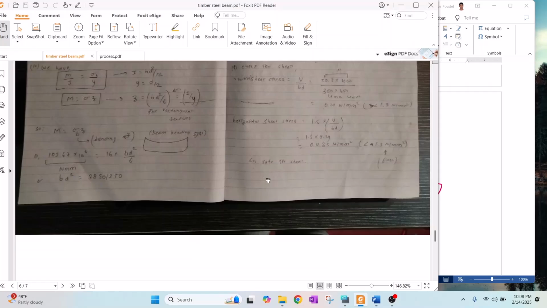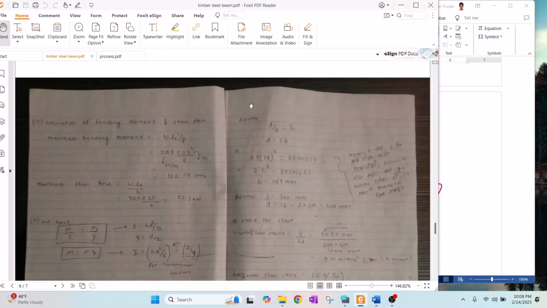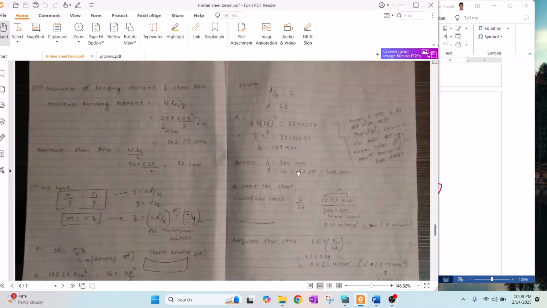At this time we can assume the ratio of b and d, because both are unknown, so we have to make an assumption of this ratio. We can assume the ratio of d to b is 2, that is d equals 2b. In this way you can calculate the value of b, which is 268 mm. Since the ratio of b and d is 2, just double this value, which is approximately 600 mm.